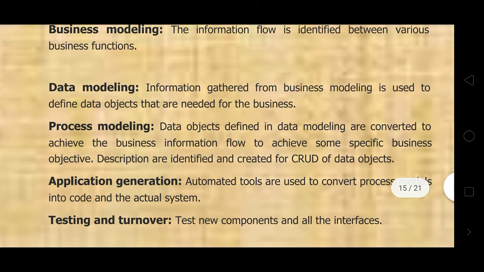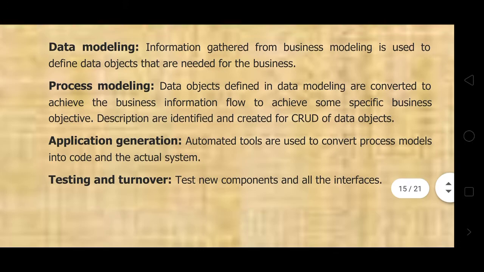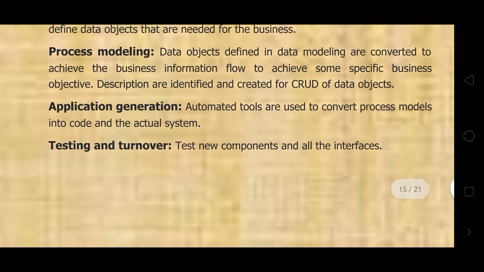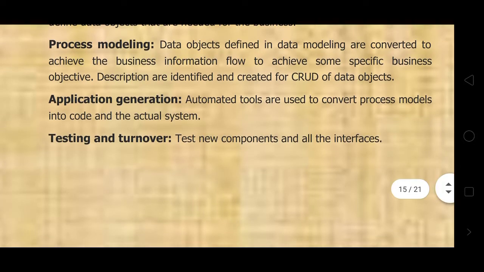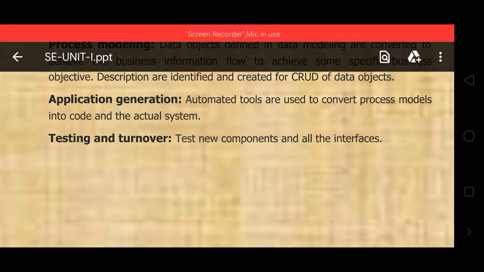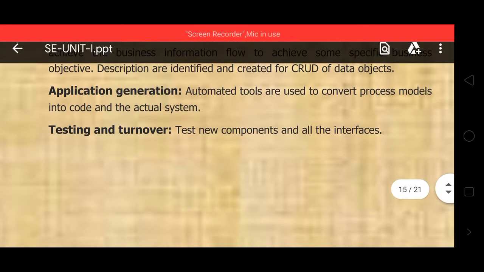Then application generation: automated tools are used to convert process models into code and the actual system. Application generation is very easy in this model, because you convert the process models to code used by the system.